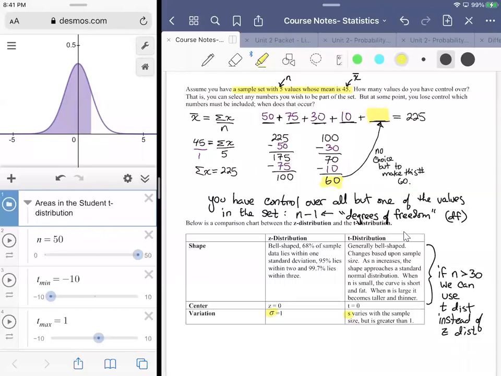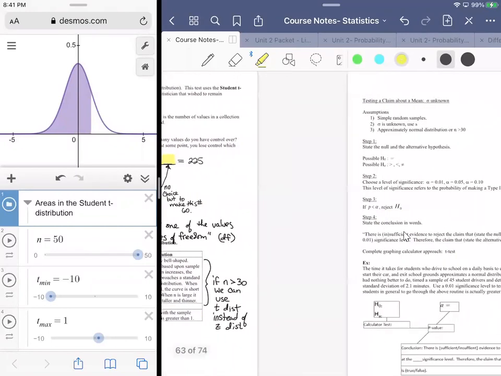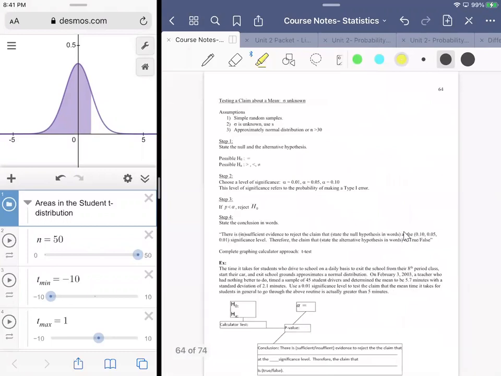So why are we trying to guess what the population mean is? That doesn't seem to make any sense, right? So this type of distribution allows us to use sample information, just like that bat signal, and project it out into the population. Right? So I'm going to walk you through a hypothesis test.